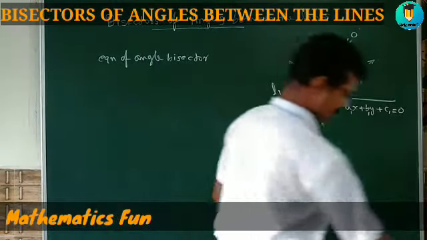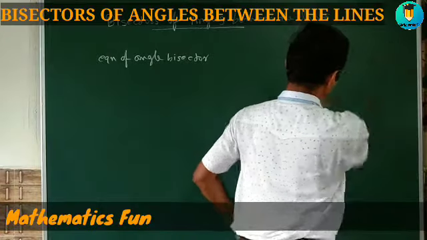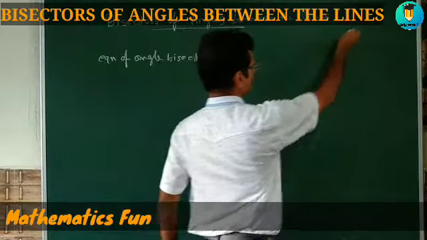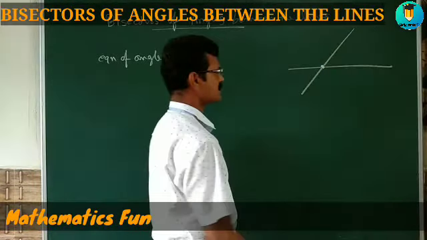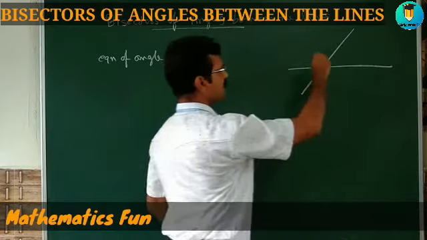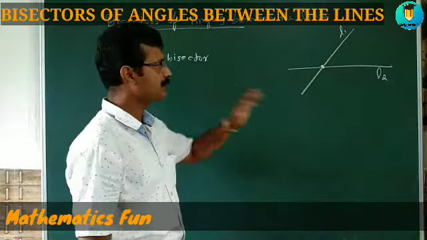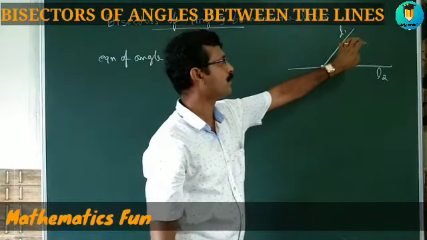Then one more result here. When two lines are intersecting, let them be L1 and L2, we know the entire plane is divided into 4 parts.